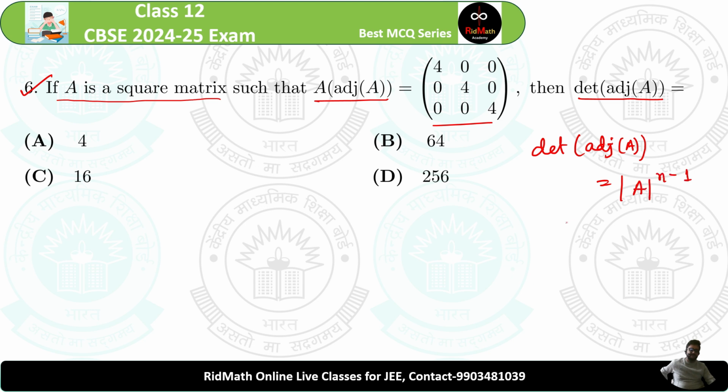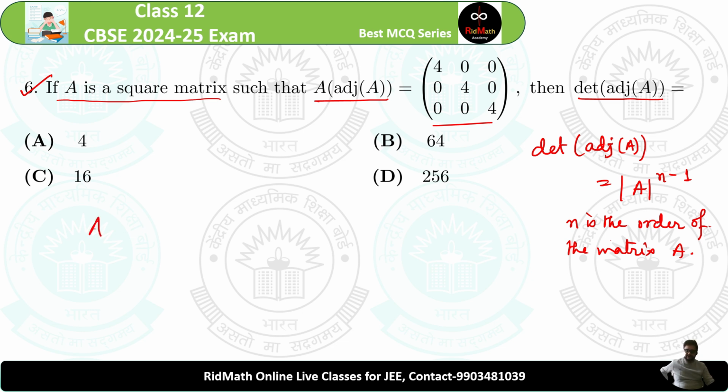What is n? n is the order of the matrix A. If A is a 3 cross 3 matrix, then the determinant of adjoint of A is equal to determinant of A to the power n minus 1. So n is 3, that means A square.